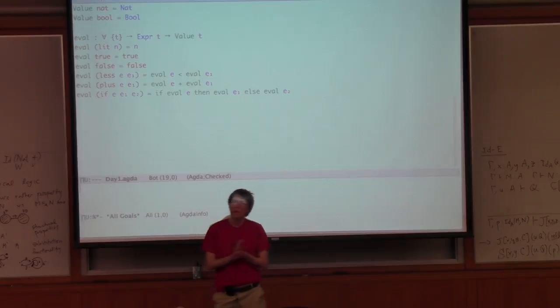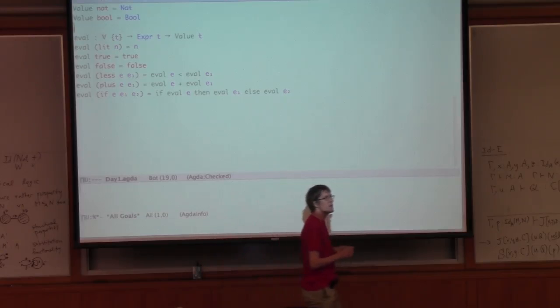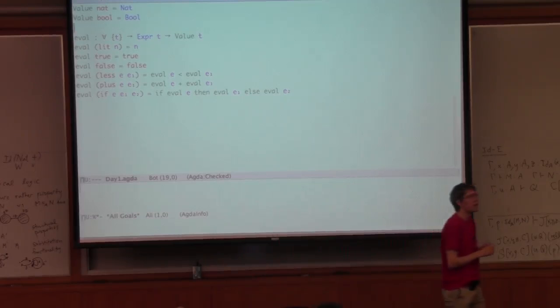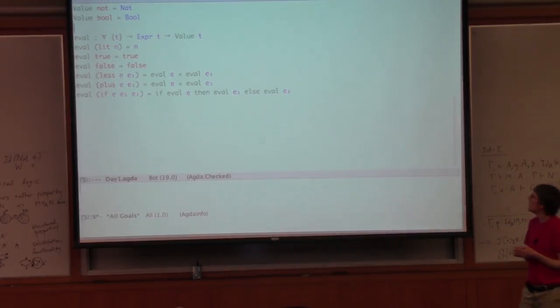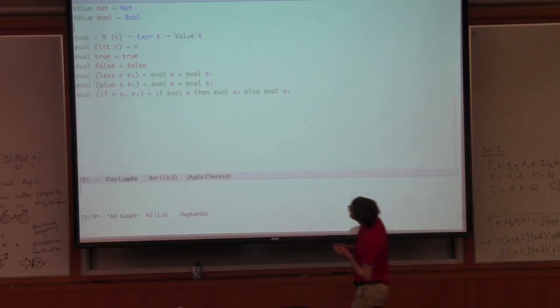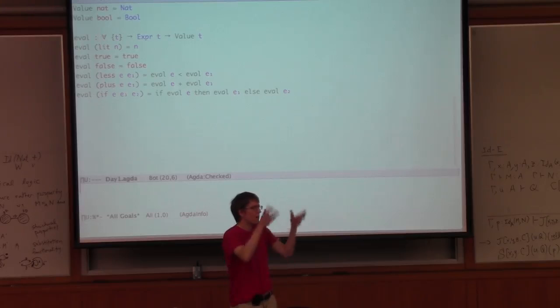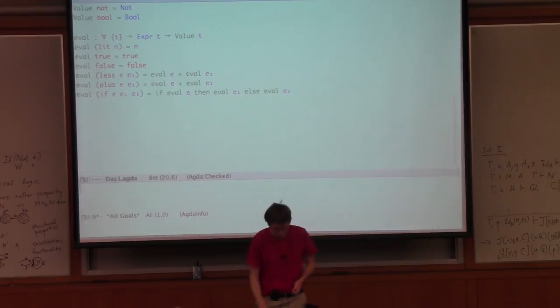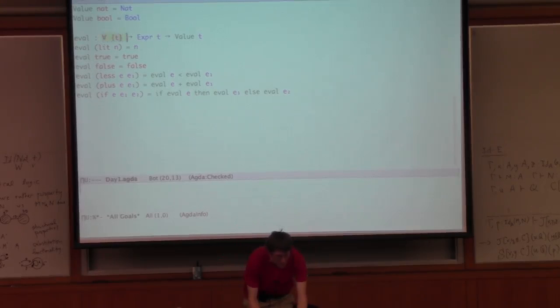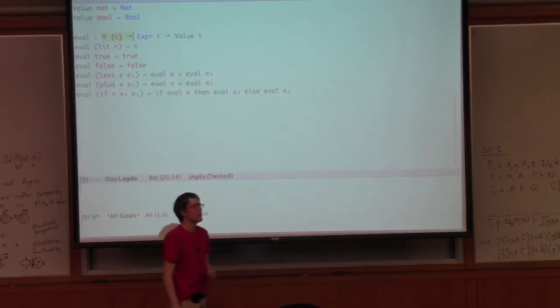So any questions so far? What's the meaning of having both the for all and the arrow quantifying? So in Agda, as I explained before, for all is just sugar for an ordinary function space.